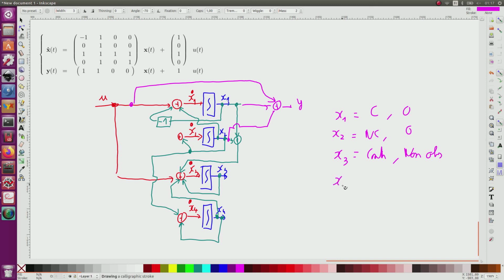And now x4, from u, I cannot reach x4, so it will be non-controllable, but from x4, I cannot reach y, so non-observable. So there is some simplification, since indeed from x3 I cannot reach y, there is no influence on the input-output behavior, and this can be removed.